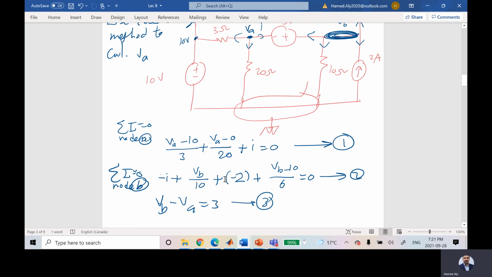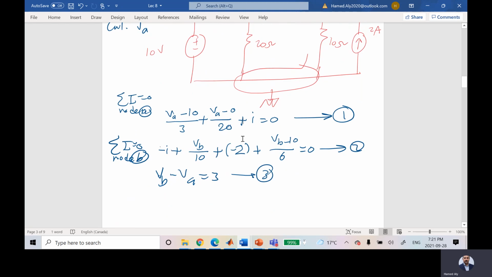So if you look at these 2 equations, I can move this guy to this side, and I can substitute from equation 2 into equation 1 for I, and write one equation.